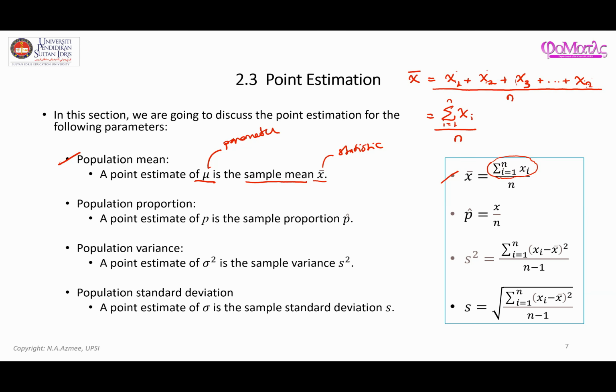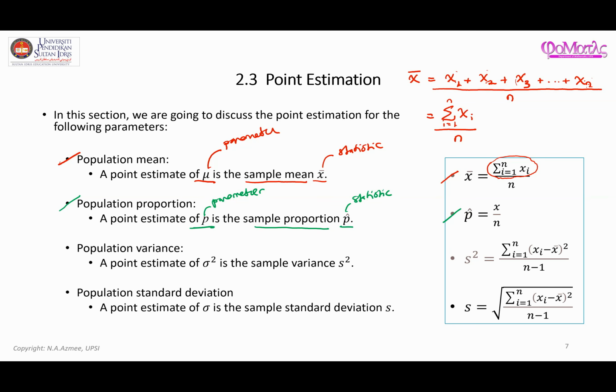Next we are going to talk about the population proportion. The population proportion is given by this symbol here, and this is the parameter. You can start by calculating the sample proportion, which is given by p hat. So this is the statistic.